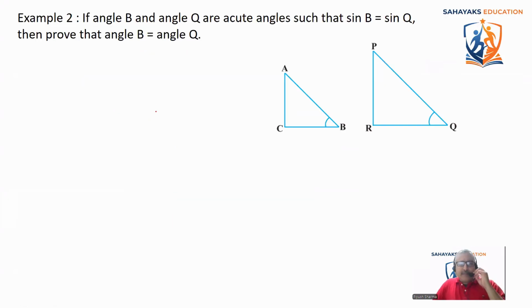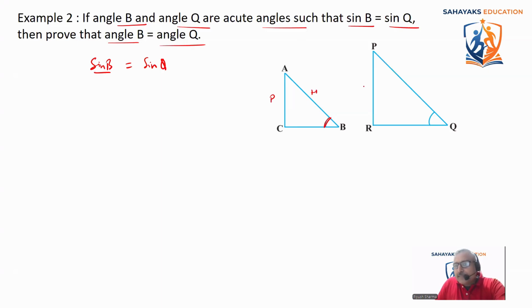Coming to the next question, it says if angle B and angle Q are acute angles such that sine B is equal to sine Q, then prove that angle B is equal to angle Q. This is what you have to prove. So what is sine B first of all? We know it is perpendicular divided by hypotenuse.